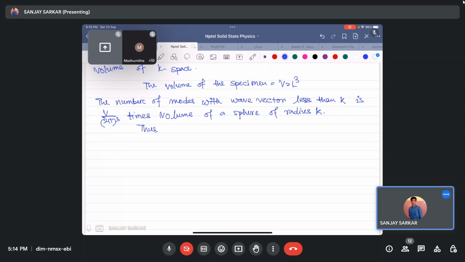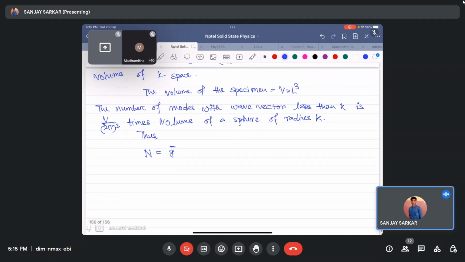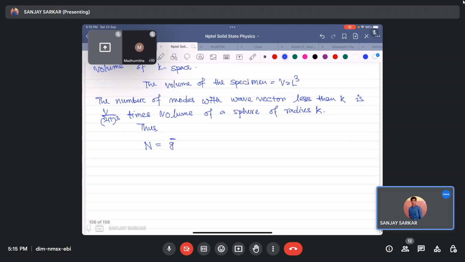the total number of modes, that is N, is equal to ḡ. So ḡ is for the spin degeneracy. So you can have two electrons, electron spin is half, so g is 2. For electron g you can take just 2. So ḡ times V by (2π)^3 into 4/3 π k^3.